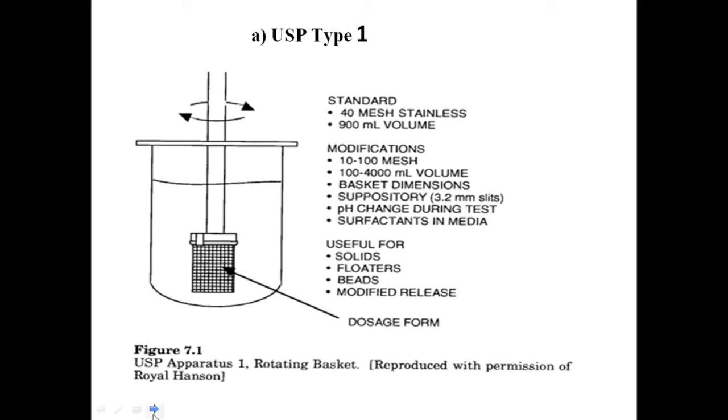Here, USP apparatus 1, rotating basket, reproduced with permission of Royal Hanson. The standard is 40 mesh stainless steel, 900 ml volume.